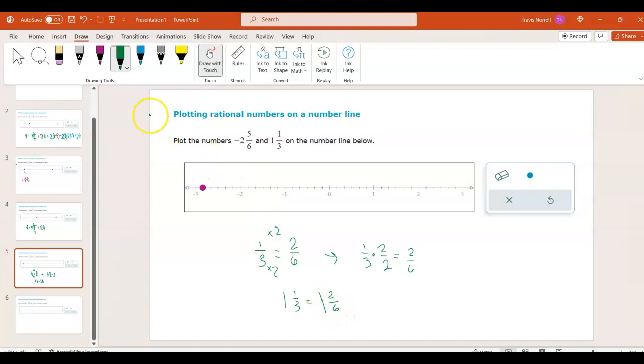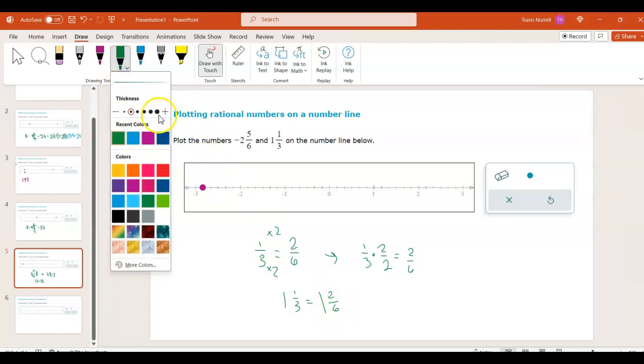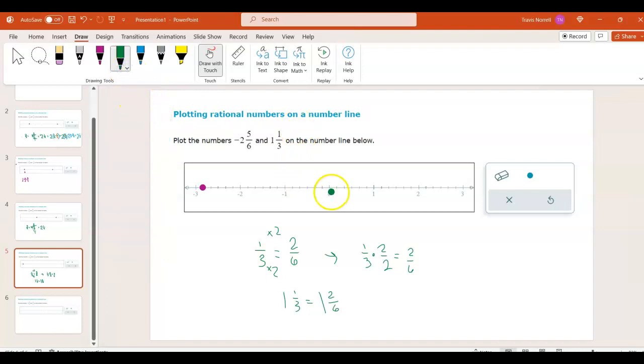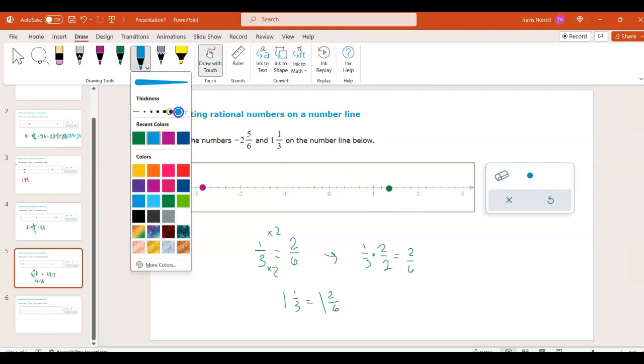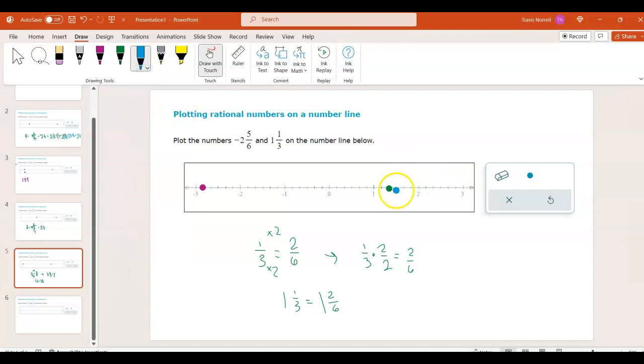So if you want to pause now and see if you can find that on the number line. Okay, we have positive 1, 1/6, 2/6. So there would be 1 2/6, or 1 1/3. And you can kind of see how you can break that number line up into thirds. Another 2 spaces would be another third.